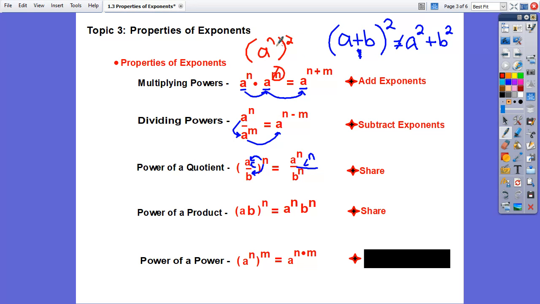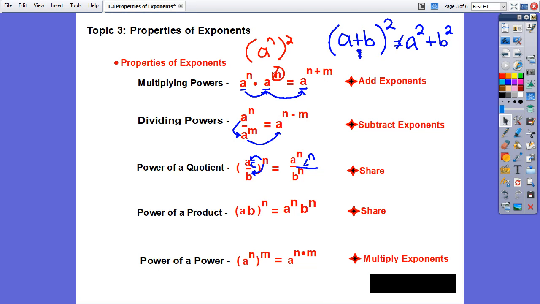Well, what we do is we just multiply those and we get a to the 2n, which is the same thing as adding n plus n, which is 2n. So it really connects and shrinks down our work. Rather than doing multiplying powers, we can just do power of a power, which is multiplying exponents.